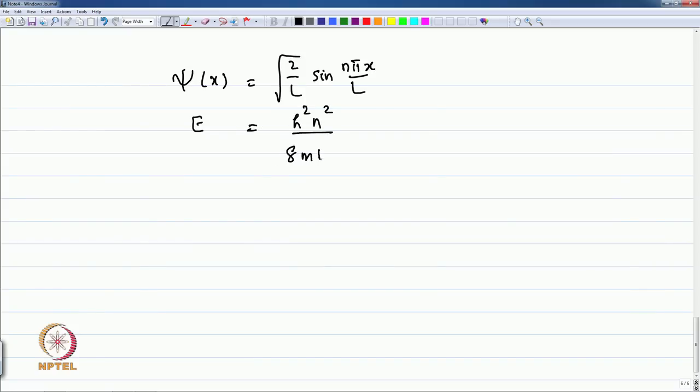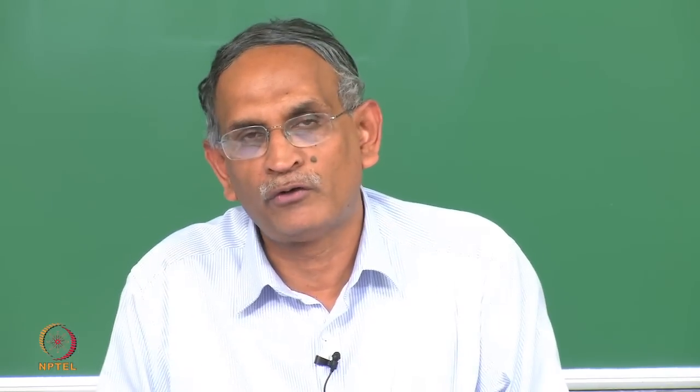8 m L squared. Now, because the energy is given by the quantum number n, let me use a highlighter here, because it is given by n, and n can take any number of values, and for that n the corresponding wave function is sine n pi x by L. We see that there are many solutions to the wave function and many solutions to the energy.